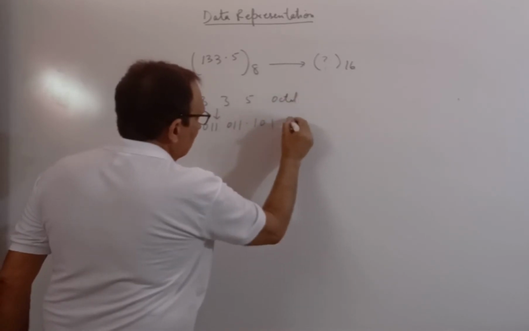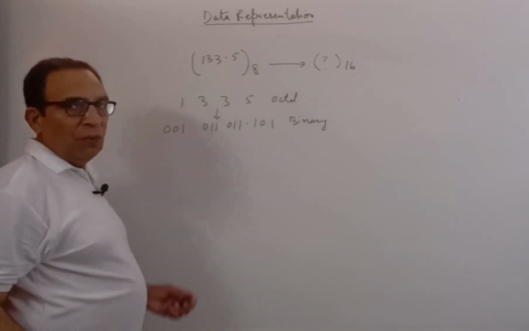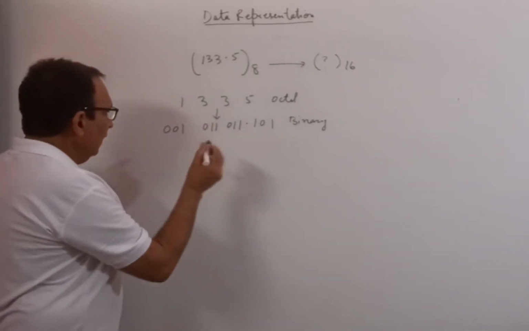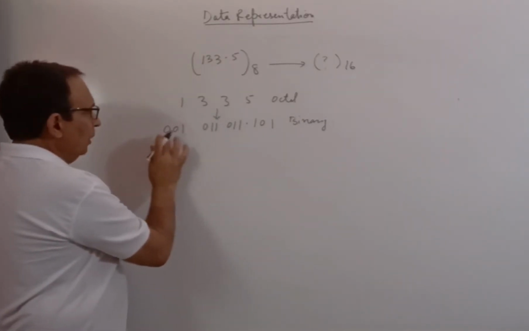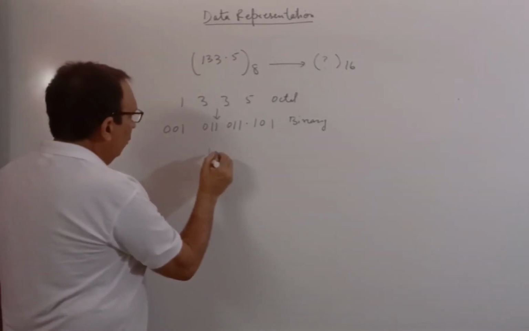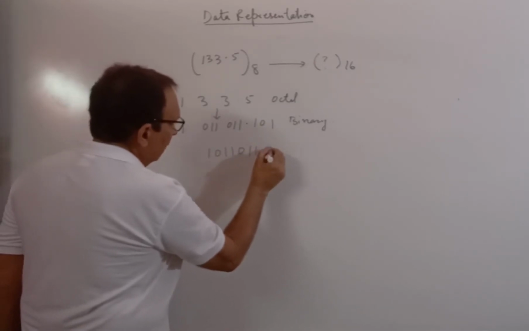Octal to binary. After doing so, write this sequence separately. Because the zeros here are meaningless, I drop these zeros and write the number 1011011.101.